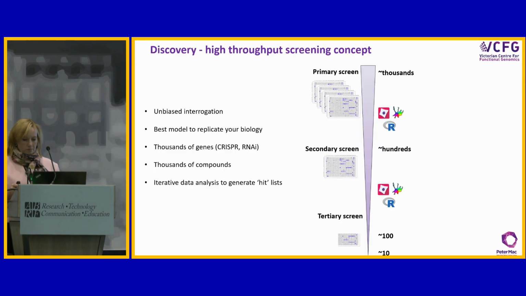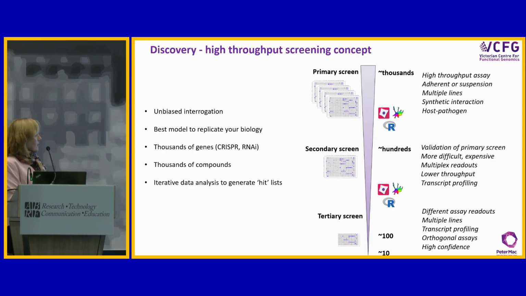And so just on the right here is sort of more use cases where the thousands of screening agents is very high throughput. We can do that in adherent or suspension cells, but typically we're seeing screens that are multiple cell lines these days. Synthetic interaction screens are very popular, host pathogen screens as well.